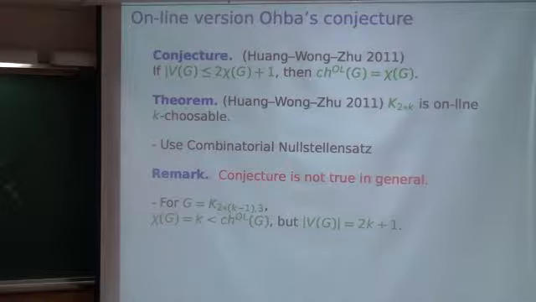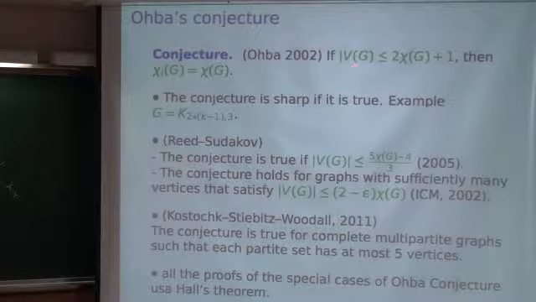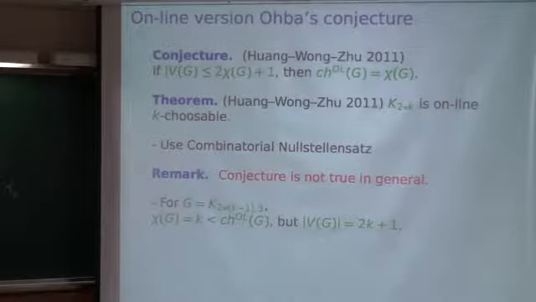And from Ohba's conjecture, we have an online version of Ohba's conjecture. These 3 people conjectured that if the number of vertices is at most 2 times the chromatic number plus 1, then the online choice number is equal to the chromatic number.